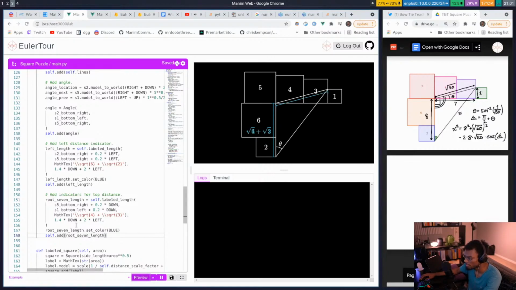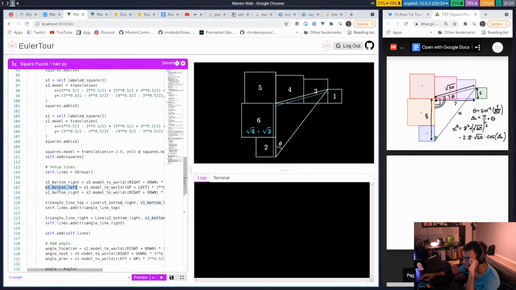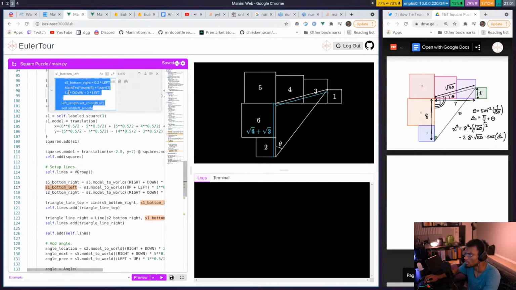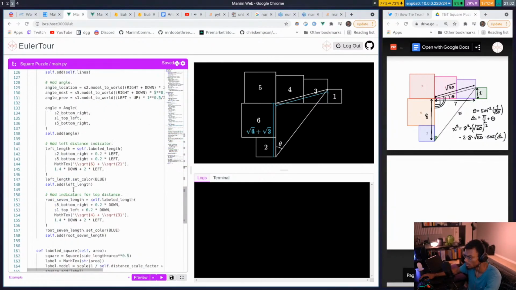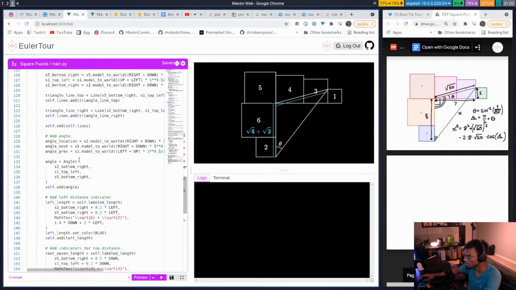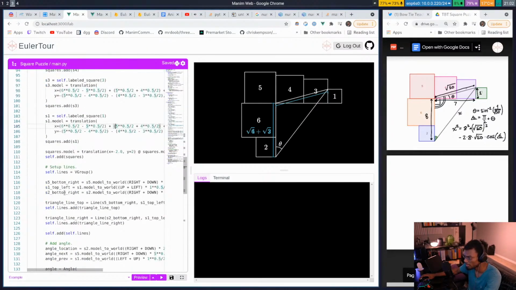Oh, I need the bottom left. Oh, what was this just wrong? S1 bottom left is the top left. This one bottom left doesn't have a name yet.